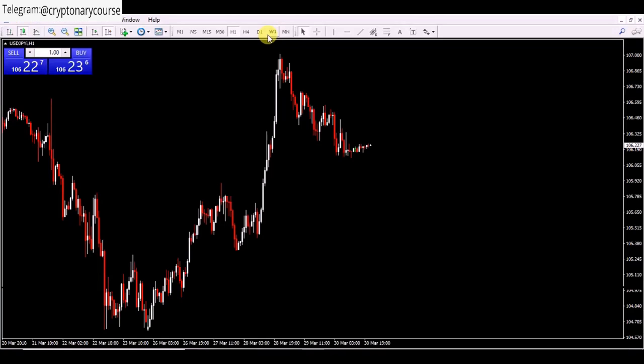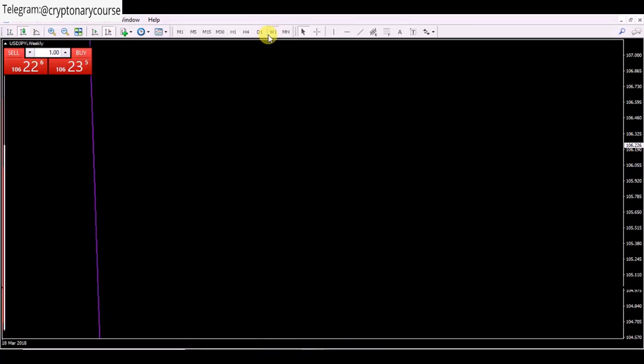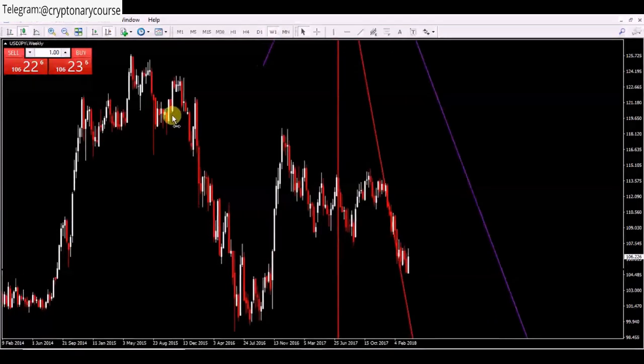Until price actually gets to these weekly and daily support resistance areas, we don't care what the market is doing in between, because only at these zones are we interested in taking a position, because we're going to get the biggest reaction. That's pretty much common sense.